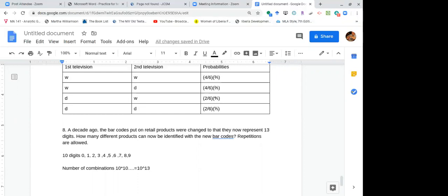And that's going to be your answer. And then it's 1E13. So that means 10 to the first, second, third, fourth, fifth, sixth, seventh, eighth, 9, 10, 11, 12, 13.